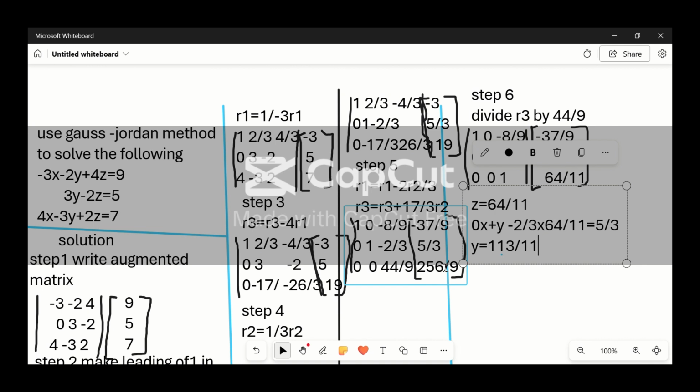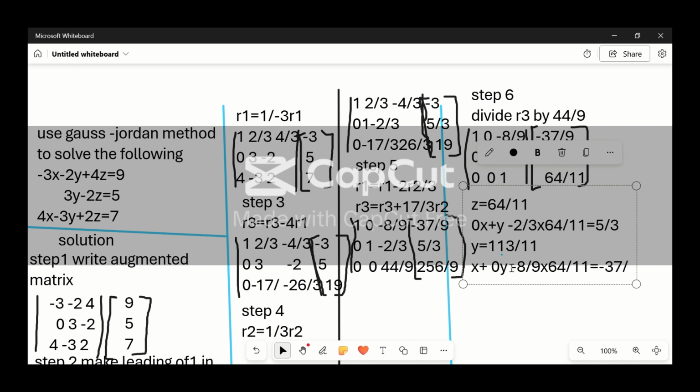Let's go to the first row, where we're having 1x and 0y and 0z, plus here negative 8 out of 9 times z, which is 64 out of 11, which will be equal to negative 37 divided by 9.